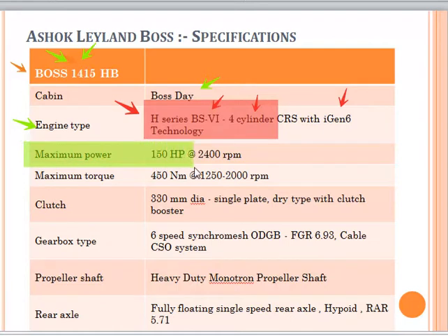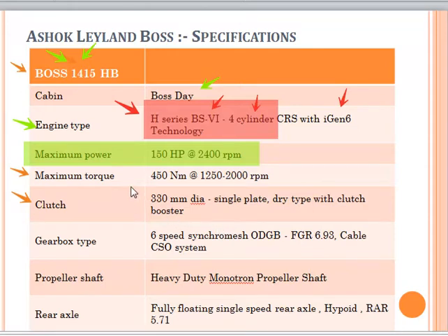So what is the power? Max power is 150 horsepower at 2400 rpm. Max torque is 450 newton meters at 1450 to 2000 rpm. So you will get this max torque in this range depending on the gearing ratios. The clutch is what? 330 mm diameter single plate clutch, dry type with clutch booster.